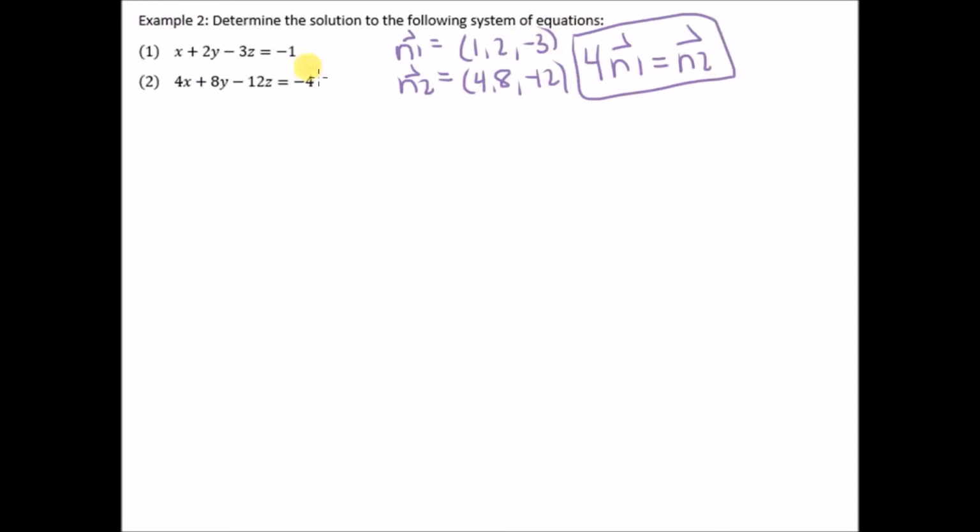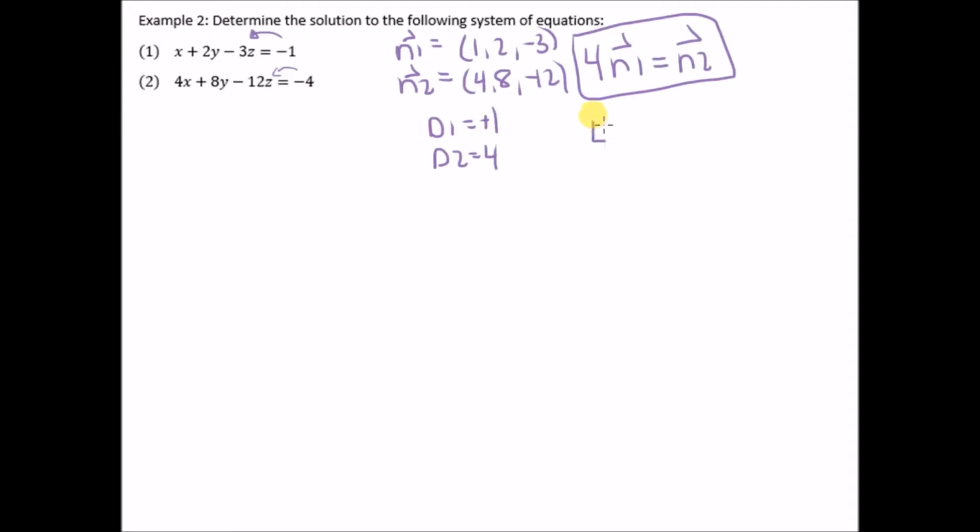Now let's test just the d values. d1 is negative, actually it'd be positive 1 because when we write the d value, we write it in the Cartesian form. We'll leave the negative 1 on the right hand side, but just know that it's positive 1. And then d2 is positive 4.